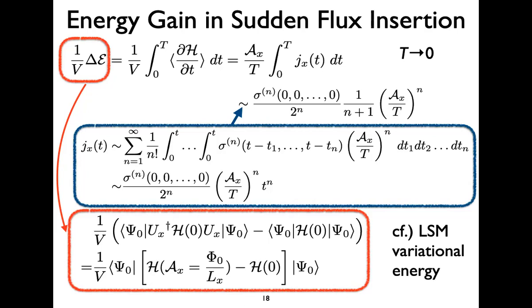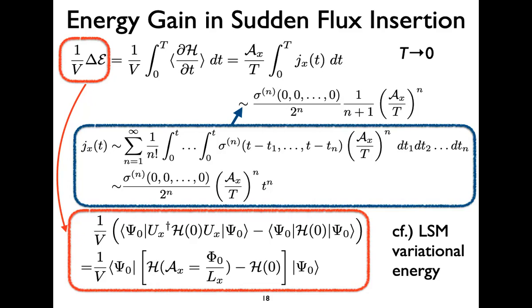On the other hand, this energy increase due to sudden flux insertion is simply given by the ground state expectation value of the new Hamiltonian after inserting flux minus the original Hamiltonian. The expectation value of the first term is the energy after inserting the flux, and the expectation value of the second term is just the original ground state energy.